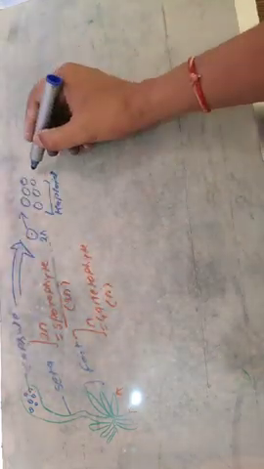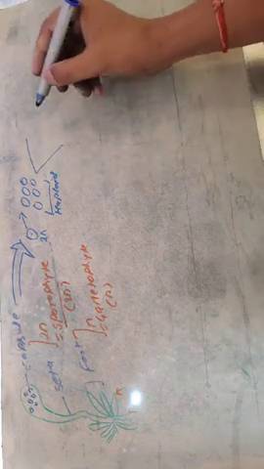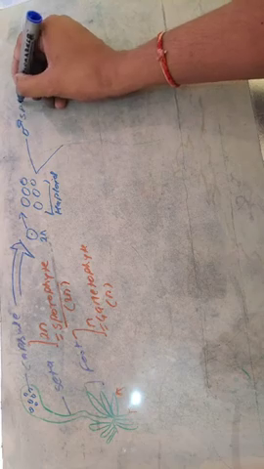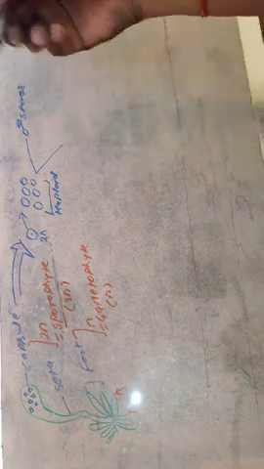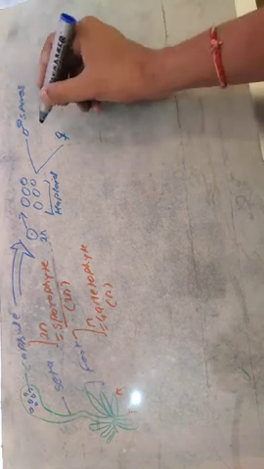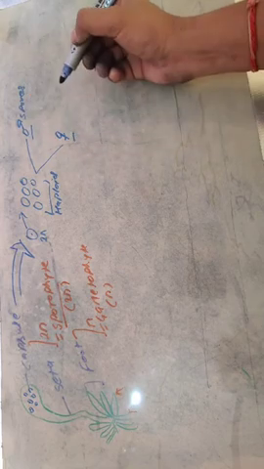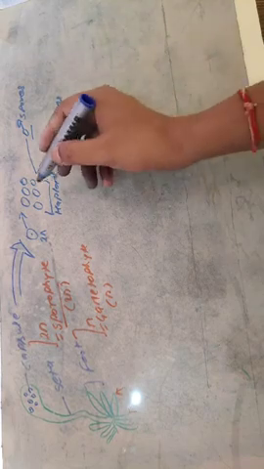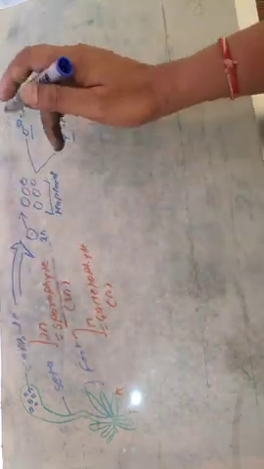The haploid spores are basically of two types. The first type is male haploid spores, and the second type is female haploid spores. This symbol represents the male and this symbol represents the female. So in the capsule, two types of spores are formed.